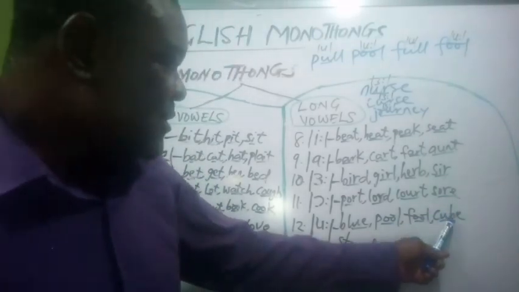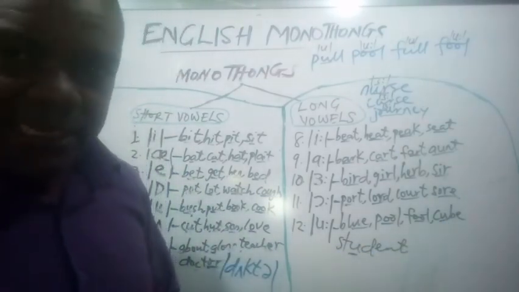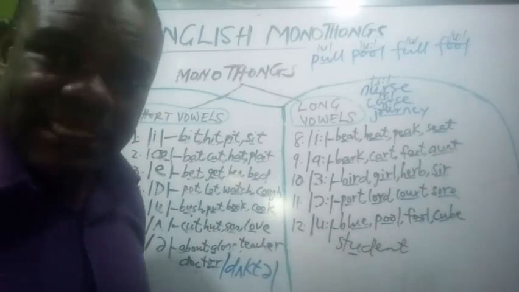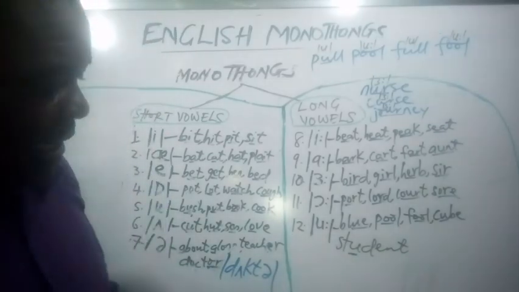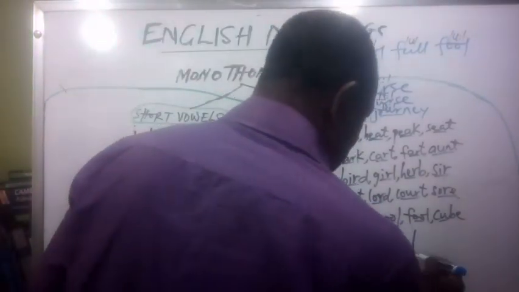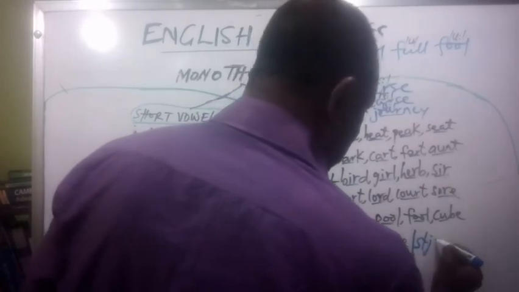Then in these two words, cube and student, you find a slight alteration because of the intervention of the partial semi-vowel. Now let's attempt to transcribe the word student.